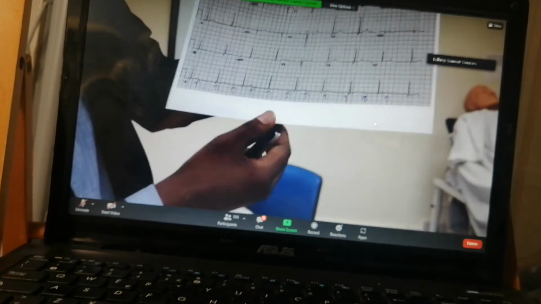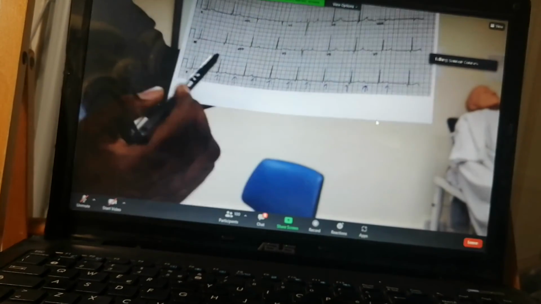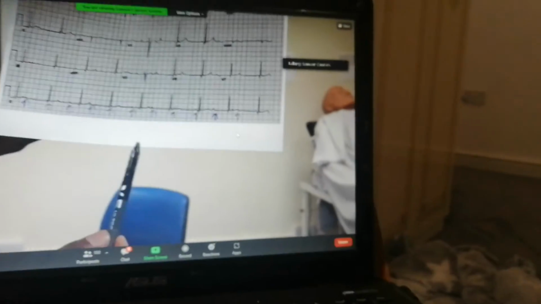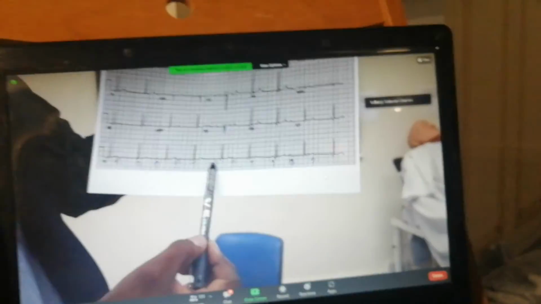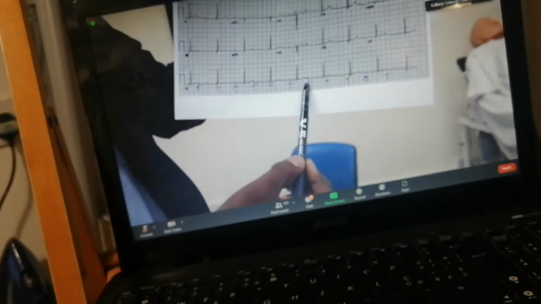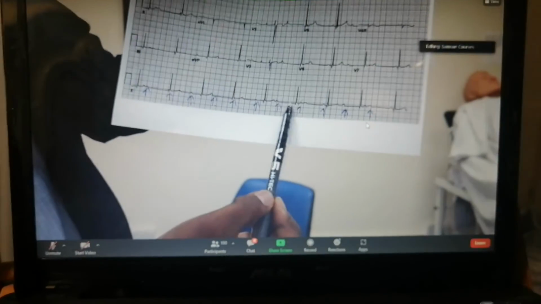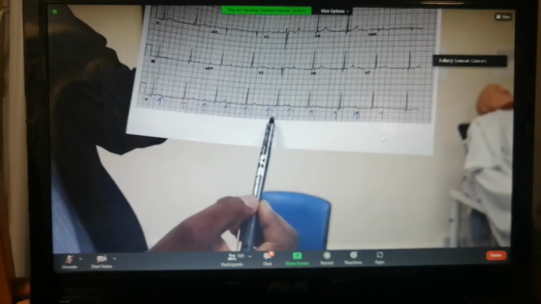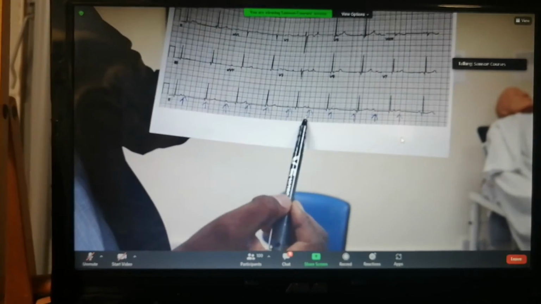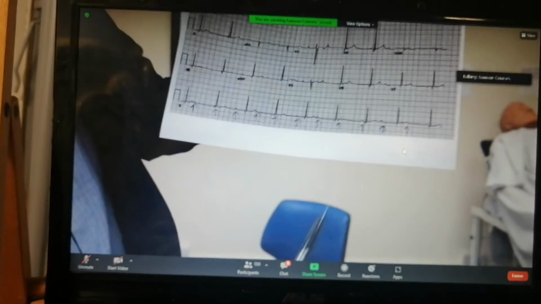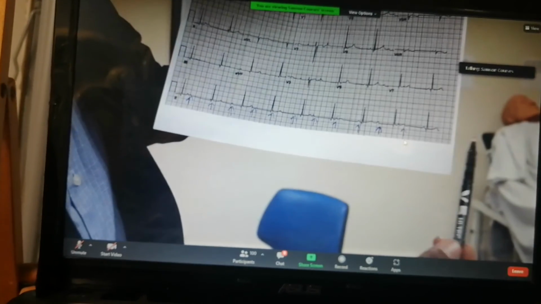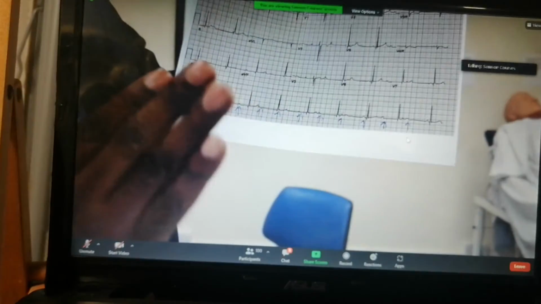So what you do is find where you can clearly see the P waves. Let's say this is a P wave. This is T. And there is another P in here. So possibly this is a P wave. That's why it is absent here. So what we're going to do is mark this distance from here to there and roll it over the rest of the ECG to see if we can see a pattern in the P waves.